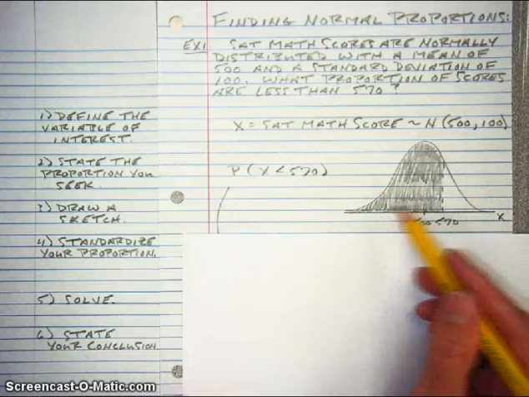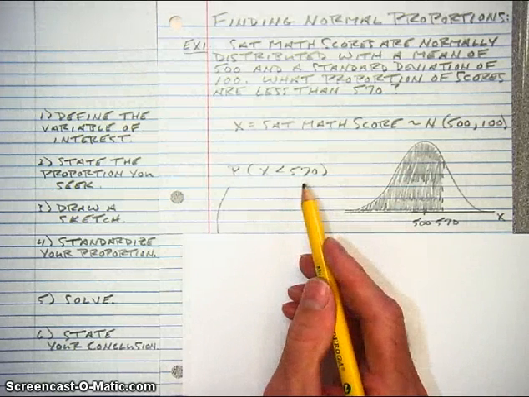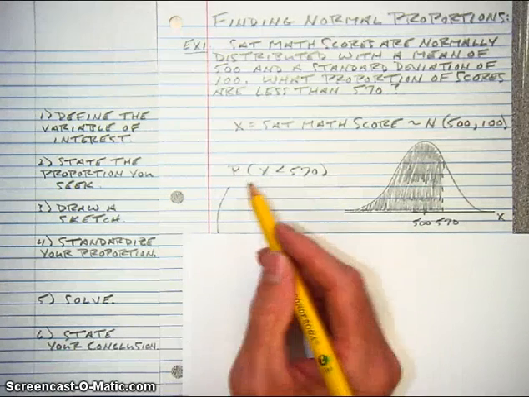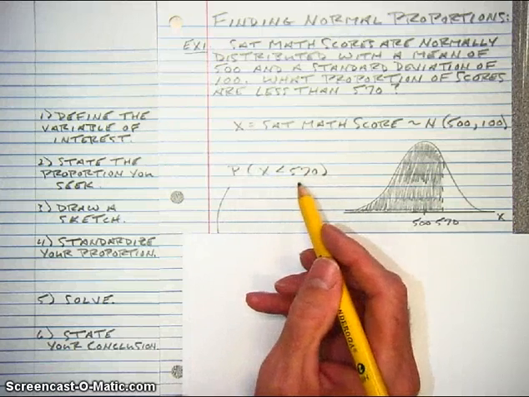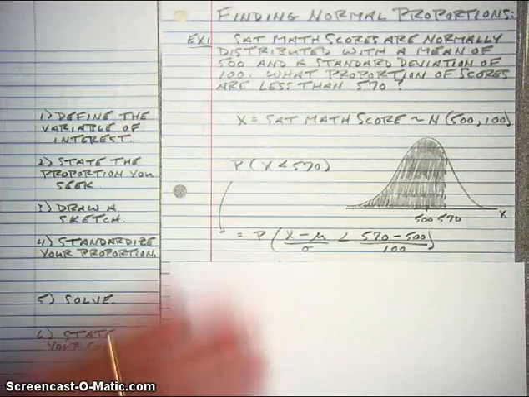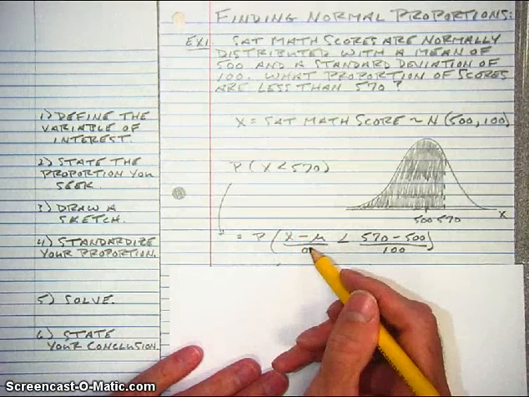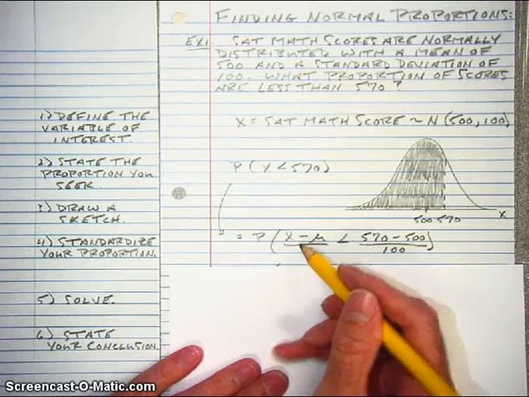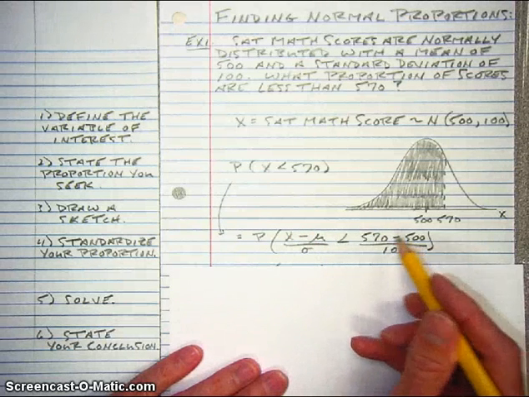We're shading to the left of 570 because we're looking for the proportion of all x's that are less than 570. Next, we're going to standardize this. We're going to subtract the mean and divide by the standard deviation on both sides. And when we do that, it looks like this. We took away mu divided by sigma on the left. So these are all letters. And we took away 500 and divided by 100 on the right. These are all numbers.